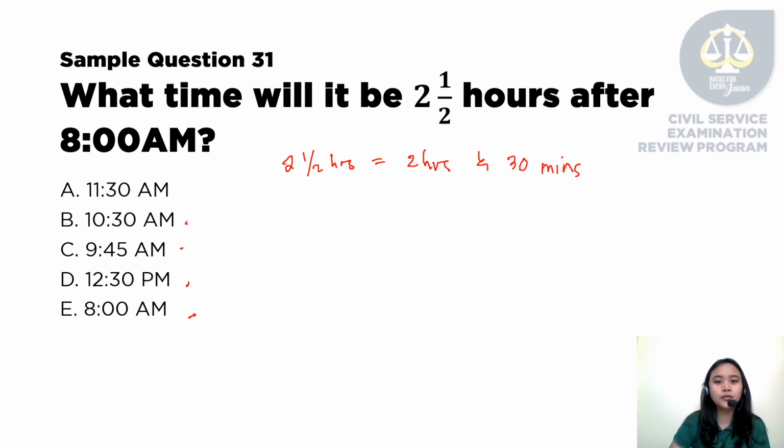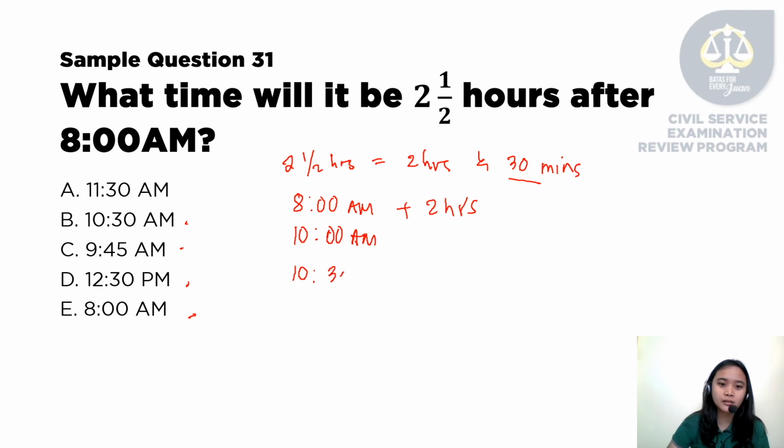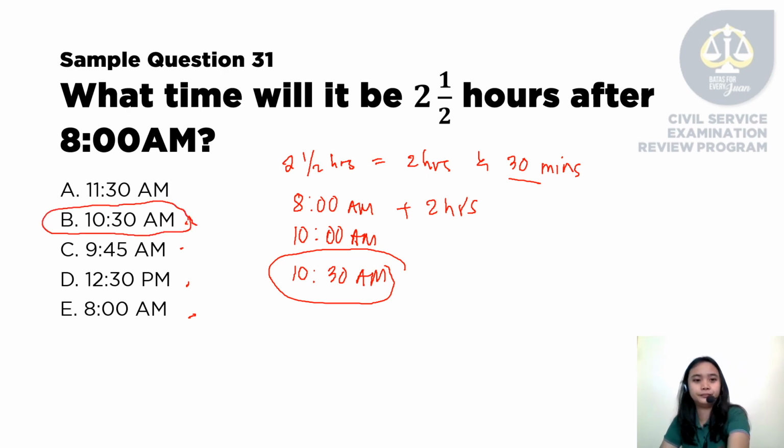And then, tinatanong lang natin kung ano daw yung time after 8 a.m. So, 8 a.m. plus 2 hours. Obviously, 8 plus 1 hour ay 9. And then, plus isa pang oras ay magiging 10 a.m. Plus yung 30 minutes, meron tayong 10:30 a.m. So, madali lang yan. Nagbibilang lang tayo, nag-a-add lang tayo. So, yung sagot natin ngayon dito ay letter B.